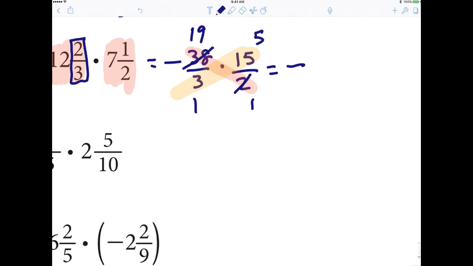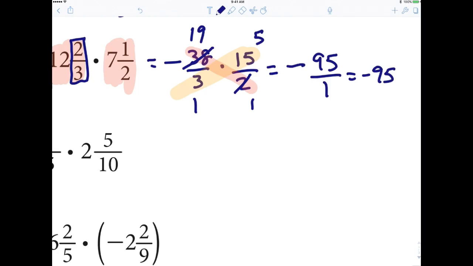Now we're going to practice our mental math. 10 times 5, 9 times 5: 50 plus 45. 95. So this final answer is -95.